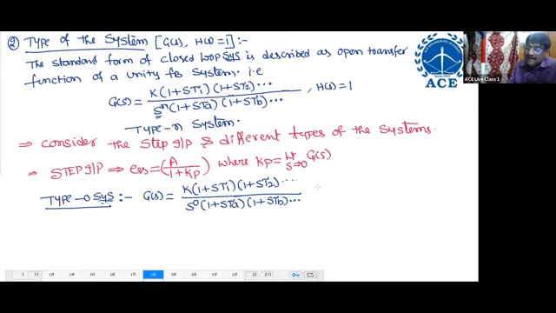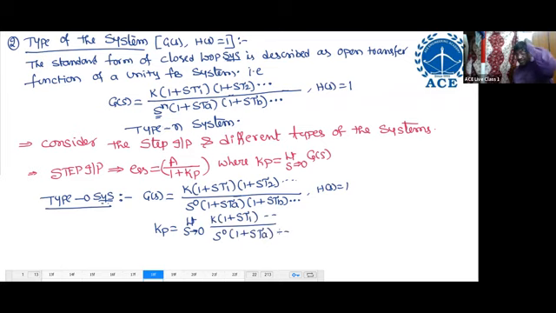Kp equal to limit S tends to 0, G of S. If you substitute S tends to 0, these terms become 0 and this becomes 1. Kp equal to K.